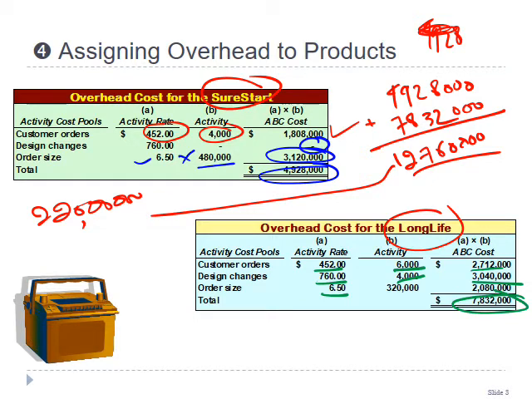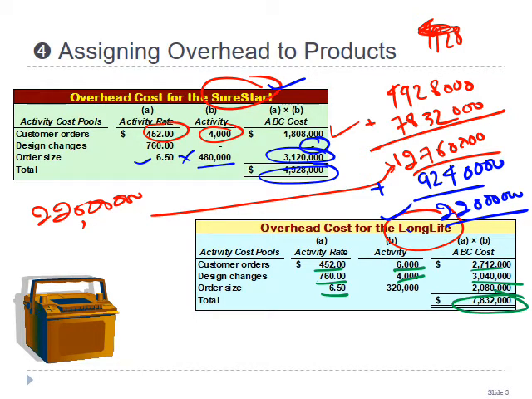So if you subtract this amount from 22 million, the answer would be 9,240,000. It means 9.24 million is not assigned to the products Short Start and Long Life.